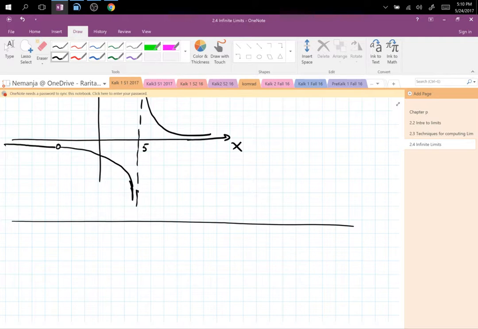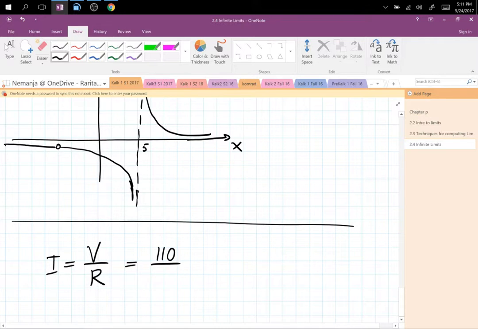So if you look at the formula for current, it is the voltage divided by resistance. And the voltage is, let's say, 110 volts in the outlet, divided by resistance. When you plug something into the outlet, resistance could be, let's say, 55 ohms. And if the resistance is 55 ohms, you get 2 amps.